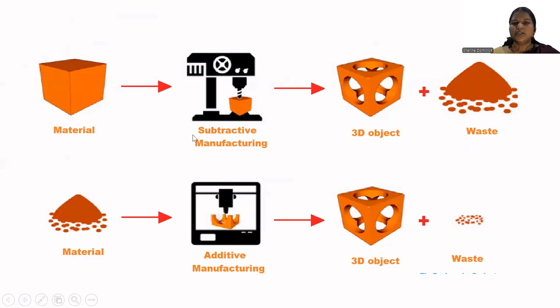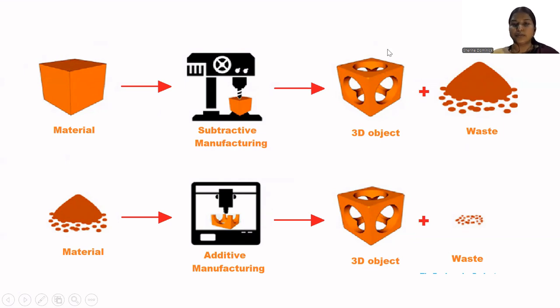The first diagram, or the first few steps, shows you how a conventional method of manufacturing works. We have a raw material which starts on the left. Now, this raw material is sent into some conventional manufacturing method, and the outer layer or the unwanted materials are removed, and finally we have the object that we want.